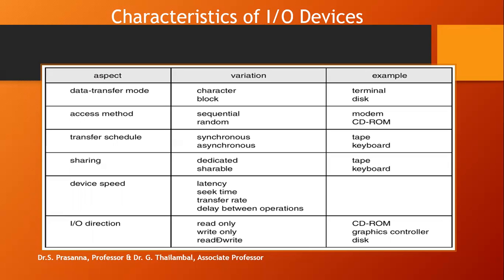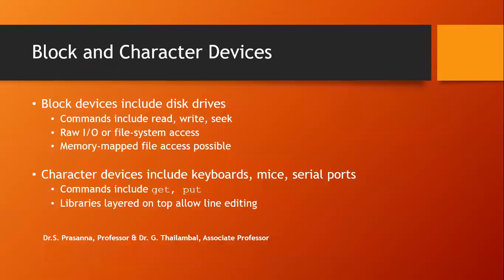Device speed characteristics are based on latency, seek time, transfer rate, and delay between operations. For IO direction, CD-ROM has only the read-only option, graphics controller has the write-only option, and disk has the read and write option.